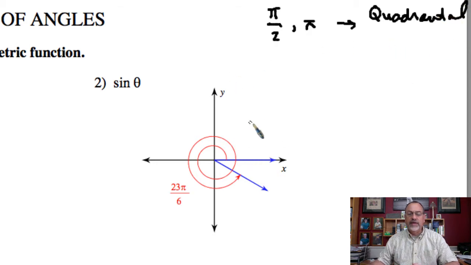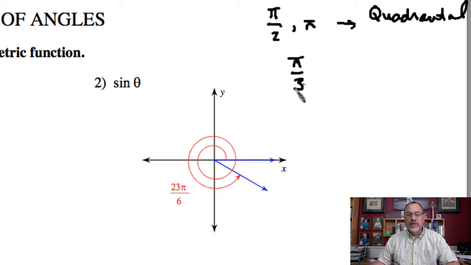Quadrantal angles are angles where the terminal side ends up on one of the x or y axes: positive x, positive y, negative x, negative y. So the terminal side actually ends up on the axis, and we'll take a look at those. Anything that has a denominator of 2 or 1 is a quadrantal angle, and how we handle those is just a little bit different than how we would handle other angles.